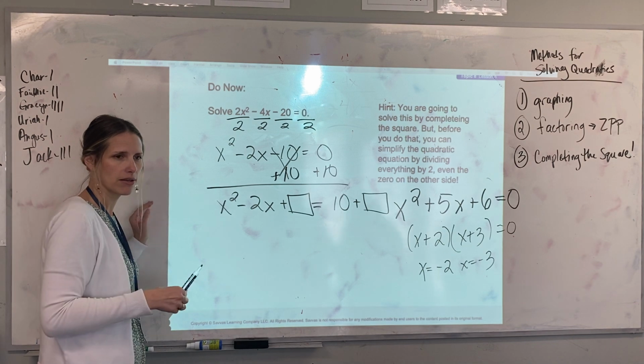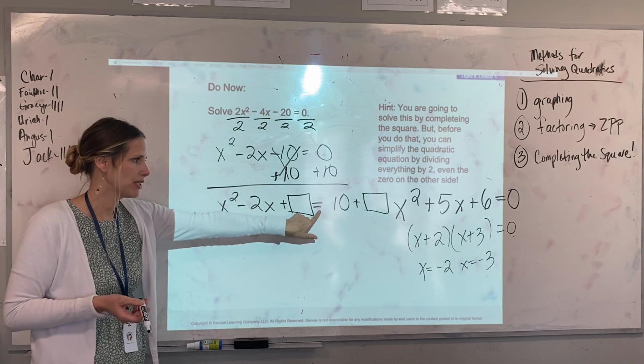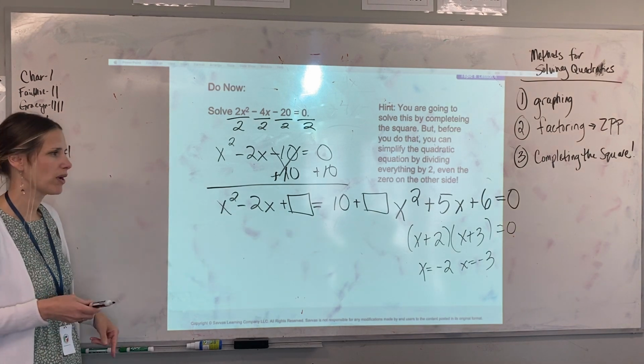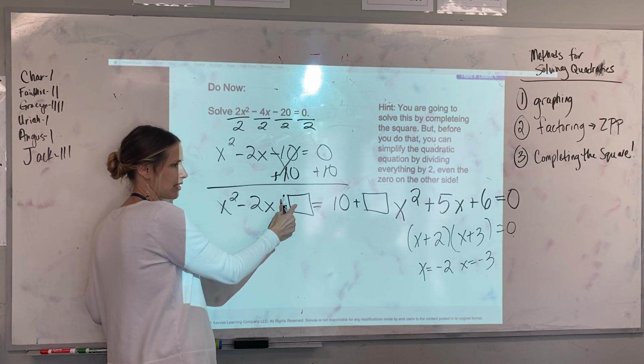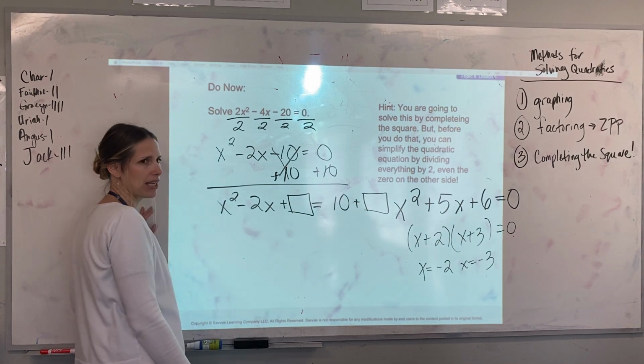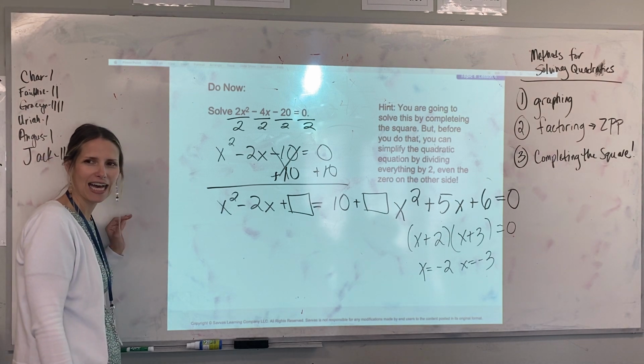Because you want to make it equal on both sides. Yeah, we have to keep it balanced, right? We have to keep this equal sign true. We have to keep the equation balanced. So if I am going to make this a perfect square by adding something to the side, I have to add that same something to the other side. Okay, so how do I know what to add?